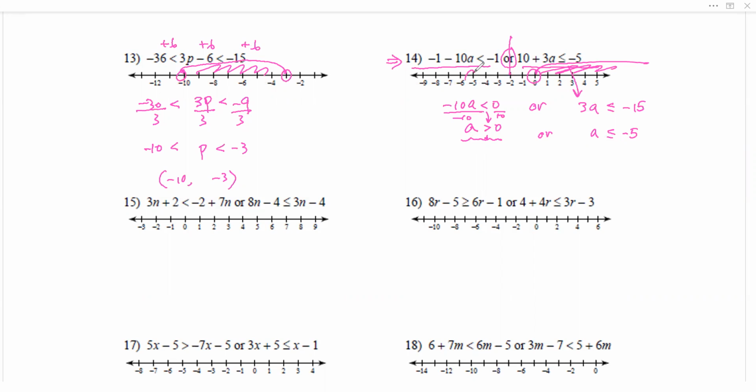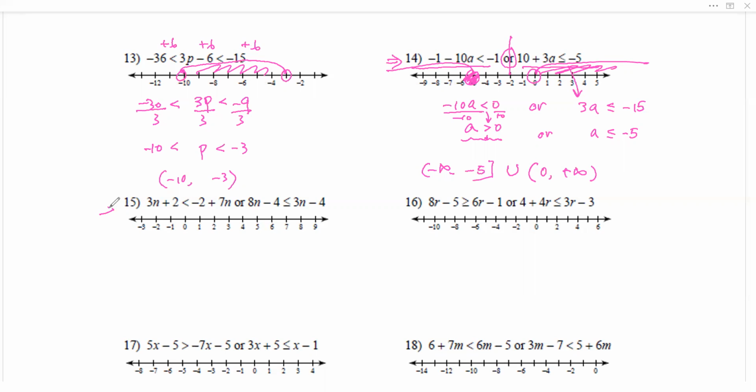Less than negative 5 is this part. So here is filled. Here is not filled. So when we write interval notation, it would be negative infinity to negative 5, right? Or actually like this. And here is 0 to positive infinity. All right, so you got it.